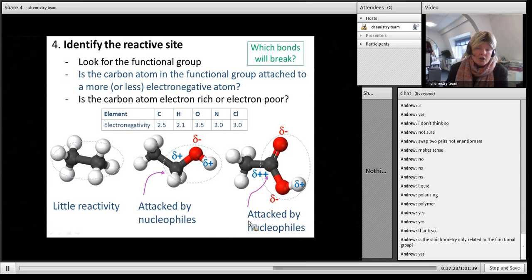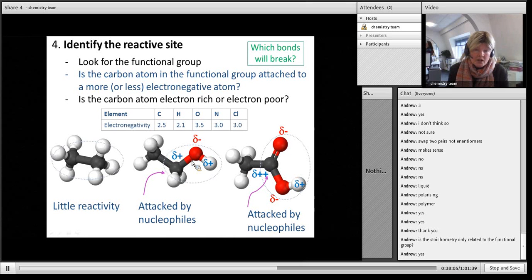Now, a good thing to know is which bond is going to break. Over here in the alkanes, we're going to ignore that because there's little reactivity. If I'm going to attack this with a nucleophile, you want to break a bond that is going to come away easily. Now, carbon, remember, can only have 4 bonds. So if an electron-rich substance comes and attacks here, it's bringing in electrons, which means any one of these groups has to go with a pair of electrons.